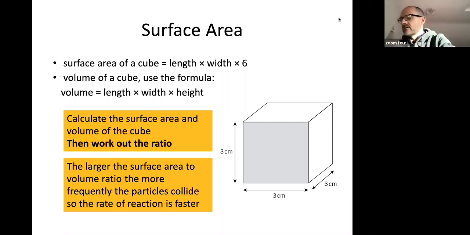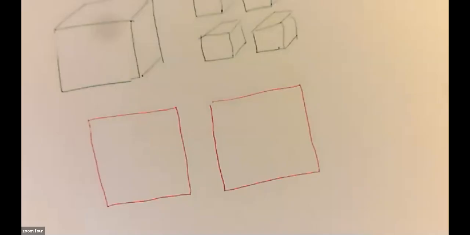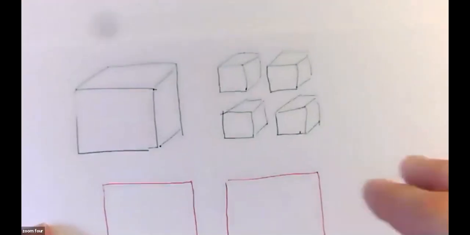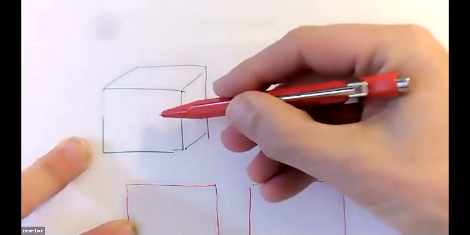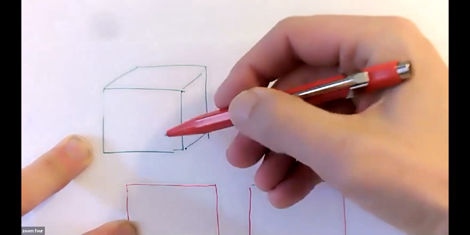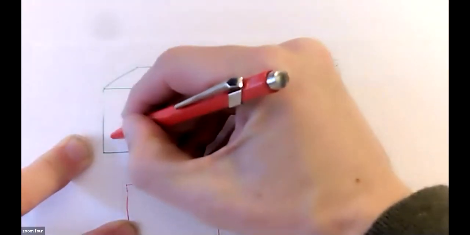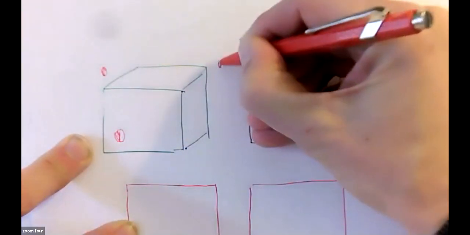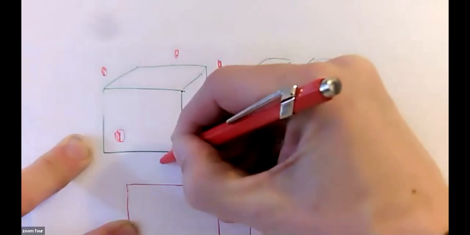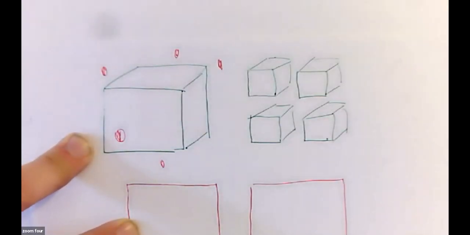To give you an explanation as to why that is the case, let's see if my rubbish drawings, I didn't do particularly well at art, actually make that any simpler for you. Let's look at it in a really straightforward way. If we take that first square up the top, like the one that was just drawn in that question, we've got particles that are reacting with it, on the outside, hitting the outside of this square, and every time they hit the square, they react with some of the particles in the square, and that reaction goes forwards.